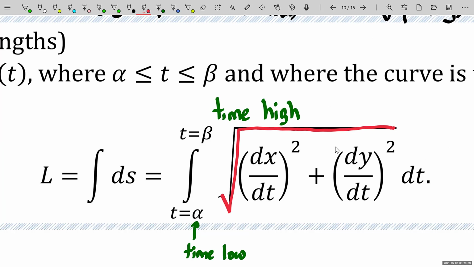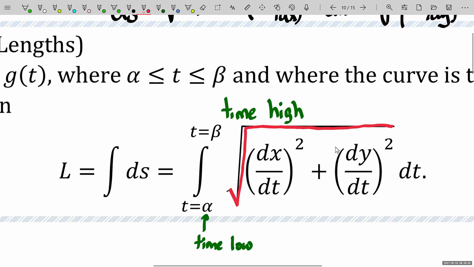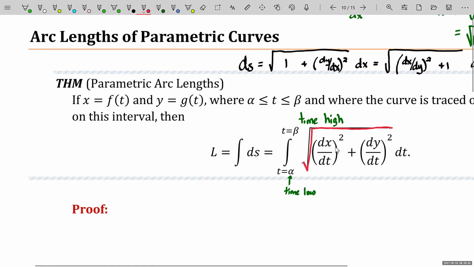If you were to go from time equals -10 to time equals -20, you're adding up positive values in a negative direction, which gives negative values. And so your arc length would be negative, which does not make sense. So always integrate from time low to time high when it comes to arc lengths.